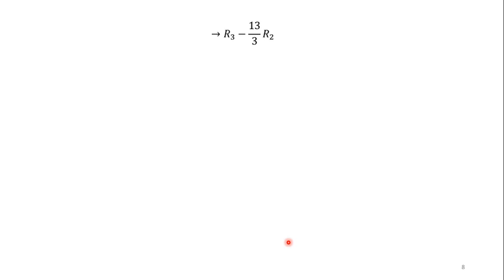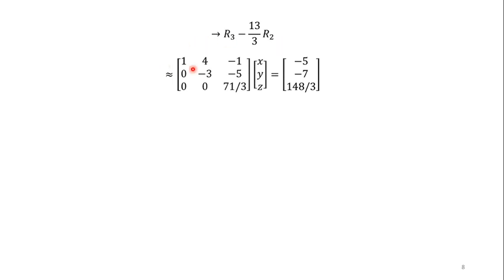Then, for making the next position zero, apply the elementary row operation r3 minus 13 upon 3 of r2, so that you get an upper triangular system: 1, 4, minus 1; 0, minus 3, minus 5; 0, 0, 71 upon 3; x, y, z; minus 5, minus 7, 148 upon 3.